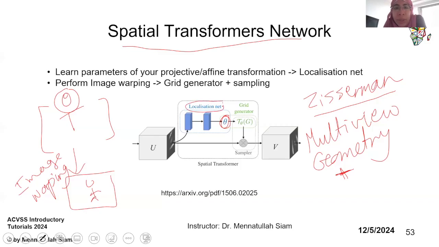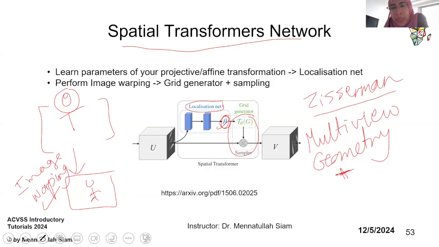So theta here is estimated through a learning-based approach. We have this neural network, which is trained with normal backpropagation. But you will see that all of these operations, whether applying the transformation or doing the warping, are actually differentiable operations, and they can be included in a neural network. So you can take this theta and then go through, no need to go into the details, this grid generator and sampler, which performs image warping.